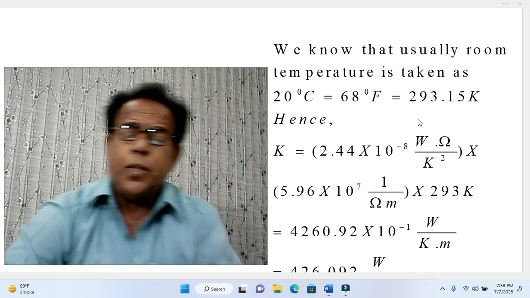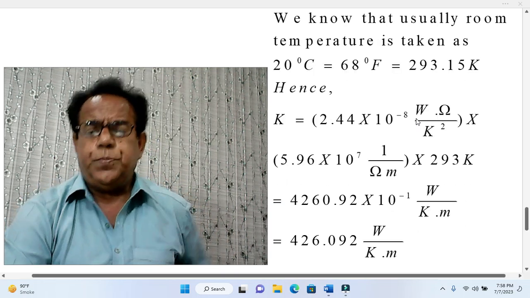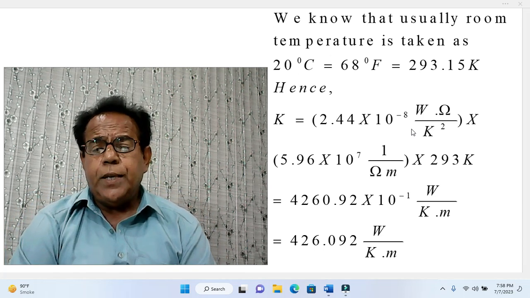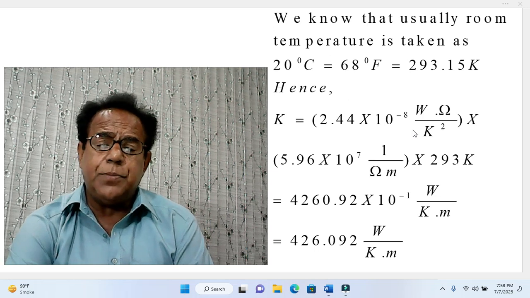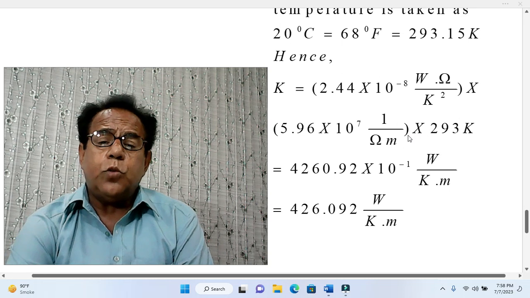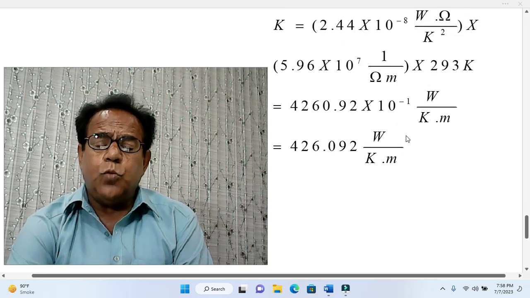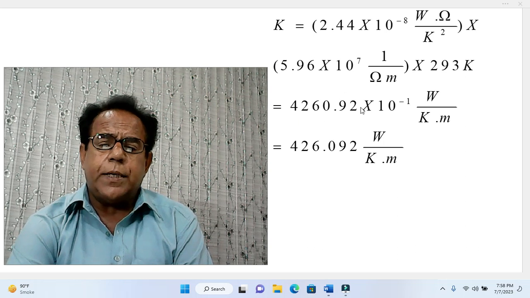So K becomes equal to 4260.92 into 10 raised to the power minus 1 watt over Kelvin meter. This becomes equal to 426.092 watt over Kelvin meter, because this 10 raised to the power minus 1 will reshape this quantity.